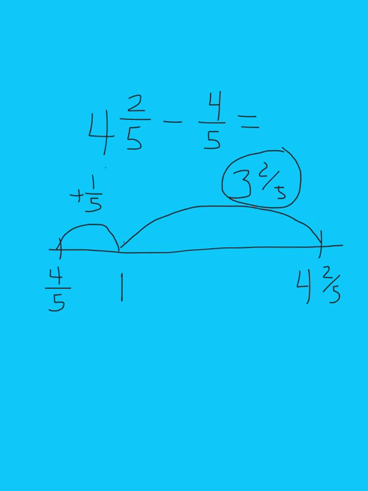Then we need to combine 3 2/5 with 1/5, which is 3 3/5. So the difference between 4 2/5 and 4/5 is 3 3/5.